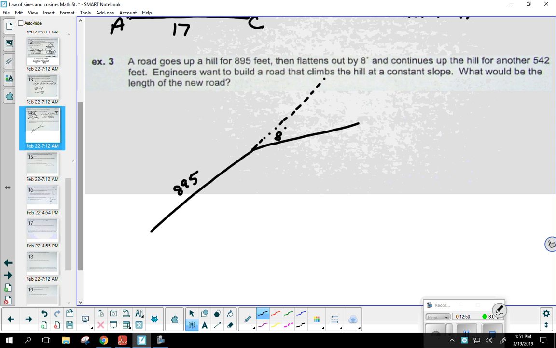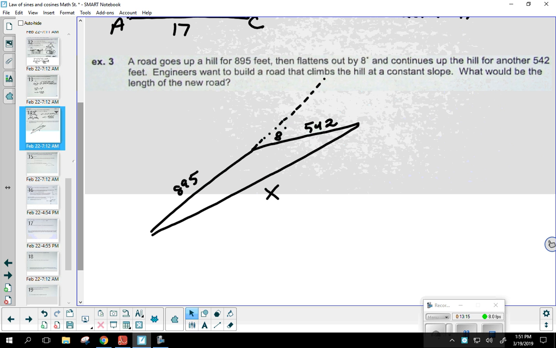And you continue up on this path for another 542 feet. And we want to build it at a constant slope, so that would be just connecting these 2 points right here. So what's the length of the new road? Oh, that's what we're trying to find out. Let's start with 2 minutes and we'll see.